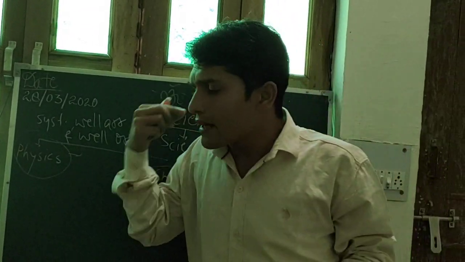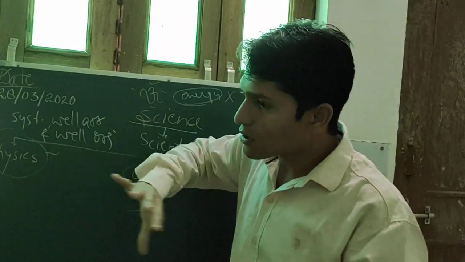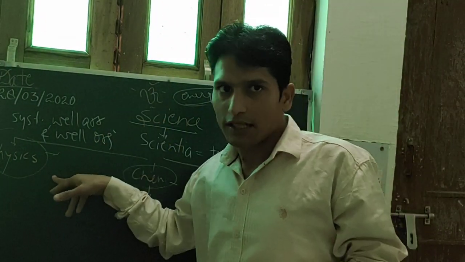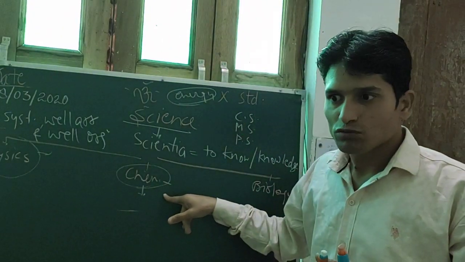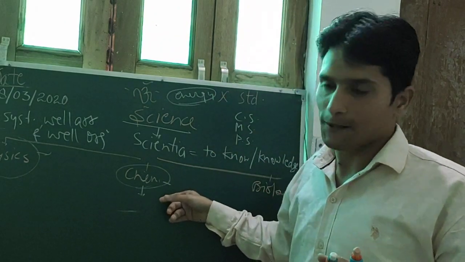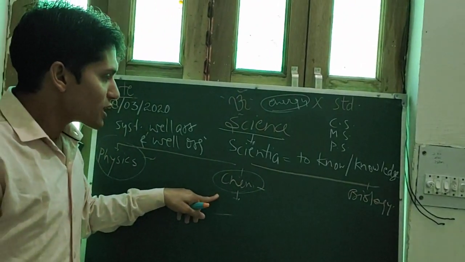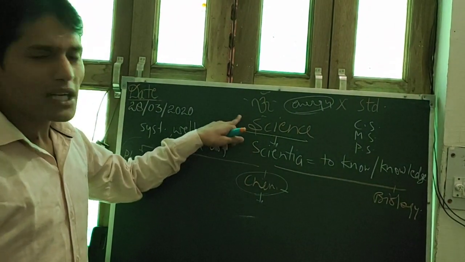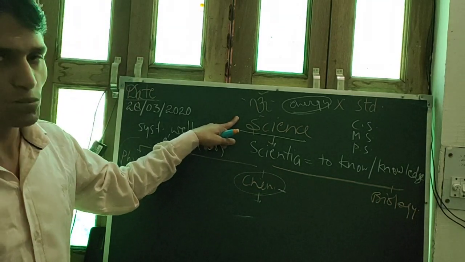Suppose there is any matter. If we study its physical aspect, that is physics. If we study its chemical nature, meaning what chemicals it is made of, that is called chemistry.